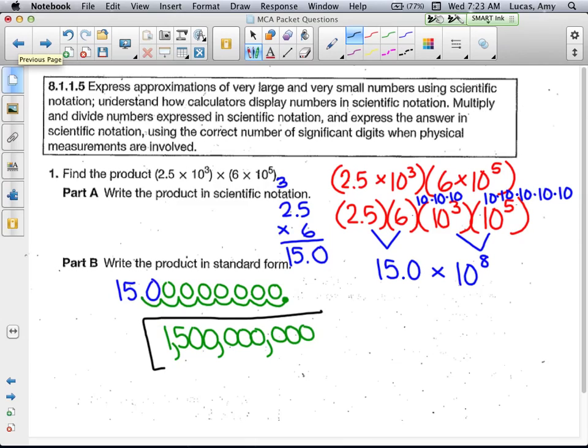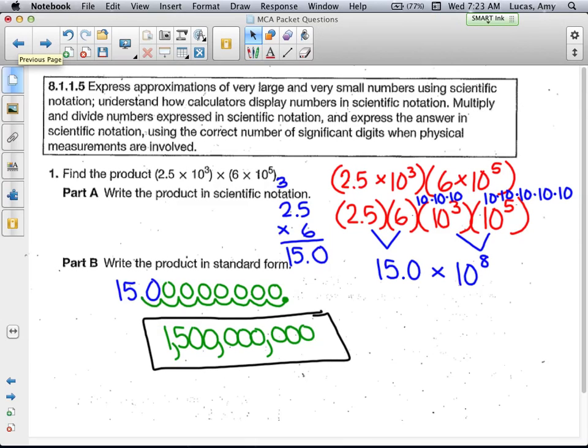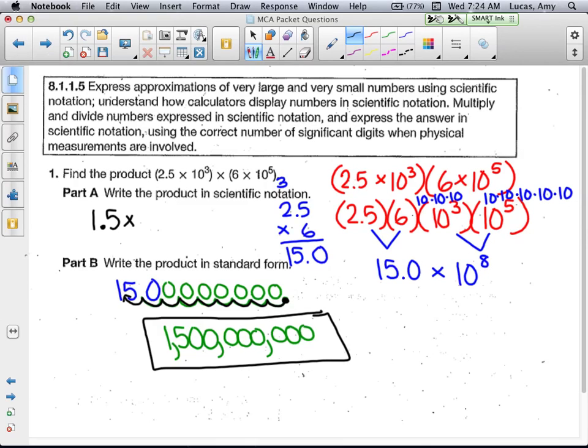Now, I want you to think about putting that decimal point in the correct spot for scientific notation. So here's where the decimal point is in standard form. I'd go back 1, 2, 3, 4, 5, 6, 7, 8, 9 places to get it to the correct spot. So 1.5 times 10 to the 9th power is my answer in scientific notation.